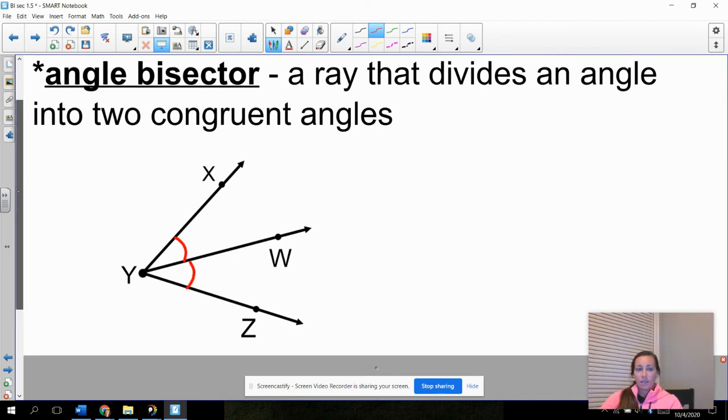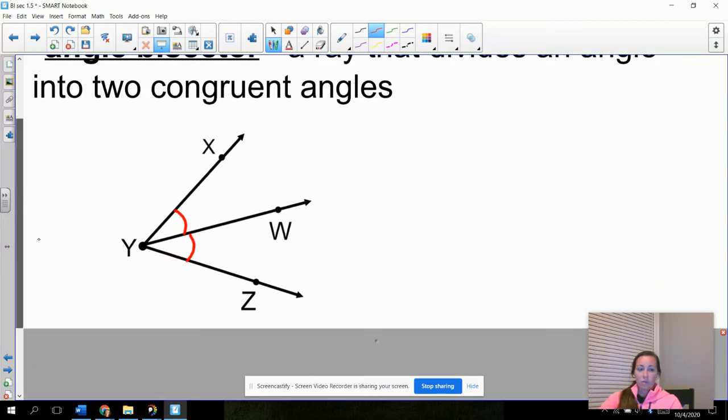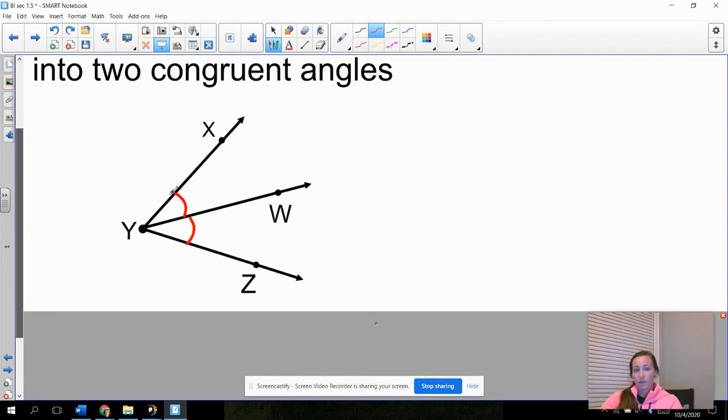So just like I did up here for segments, I put those little tick marks, those little dashes showing that the left and the right are equal. You can do the same thing for angles, but they're done by using these little arc symbols. So if you ever see arcs in the corners, you know those two are equal to each other.